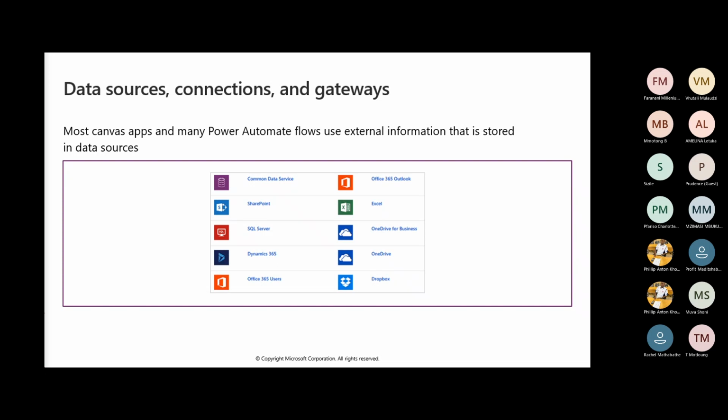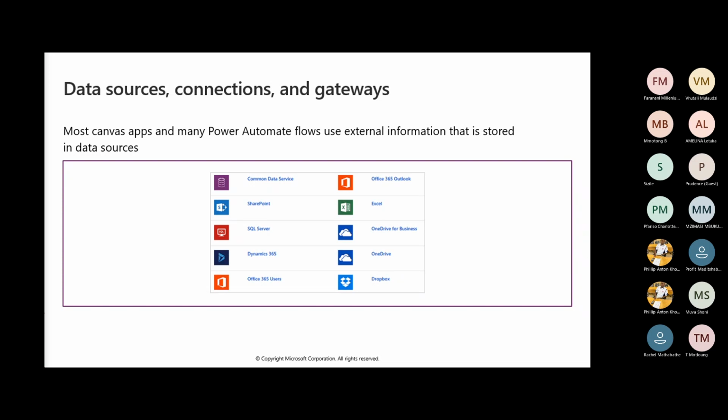Apps access this data using connections, and some connections allow Power Apps to read, write, and store data in Power Apps. You can add many data sources to your apps through built-in or custom connectors. Some of the most popular data sources are shown in the following figure.